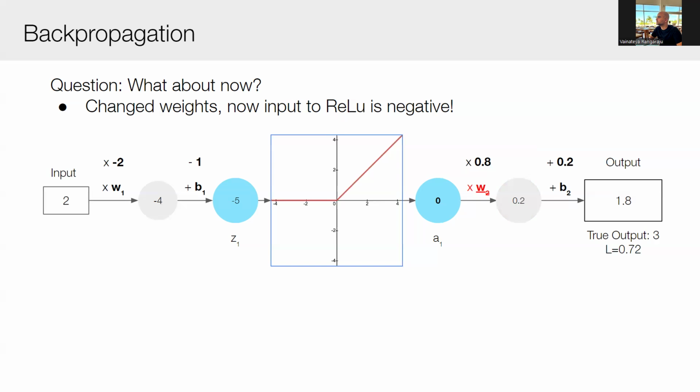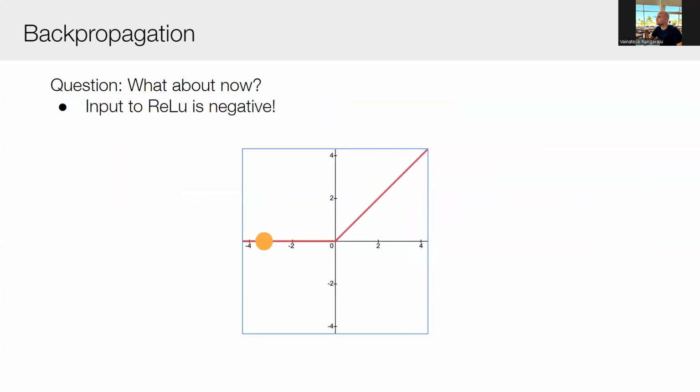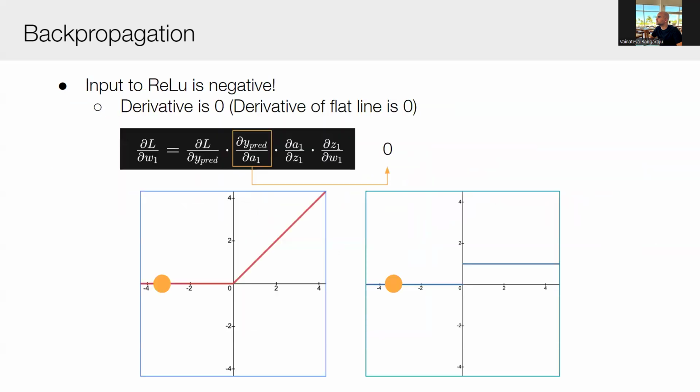Yeah, back. When you pass it back through, it's always going to be 0, right? The backpropagation. Hit on the nail. So basically the idea here is, since the input of ReLU is negative, let's consider what the derivative of ReLU looks like. The derivative of a piecewise function is just going to be the piecewise function itself. It'll be 0 and then it'll be 1, because afterwards it's just y equals x.